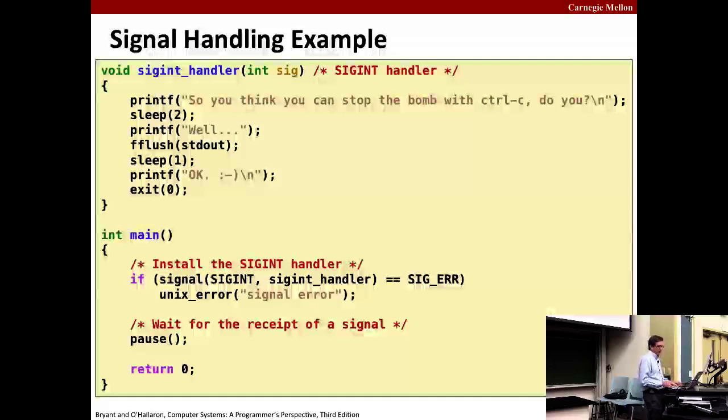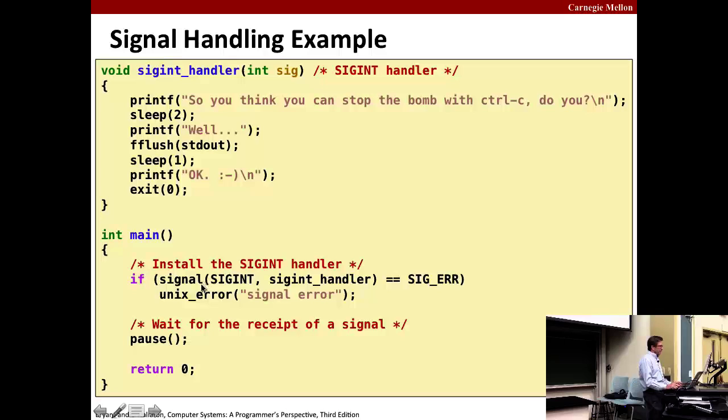Okay, so here's a simple example of installing a handler. Here in main, we're going to install a SIGINT handler called sigint_handler, which is defined up here. The prototype for this function takes a single integer argument, which is the signal number, and returns nothing.